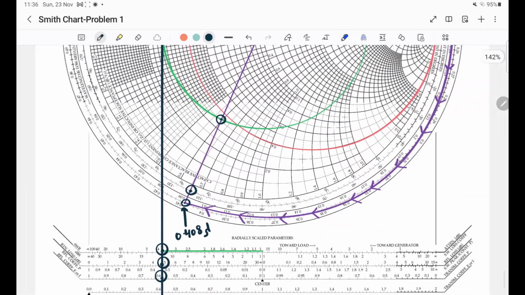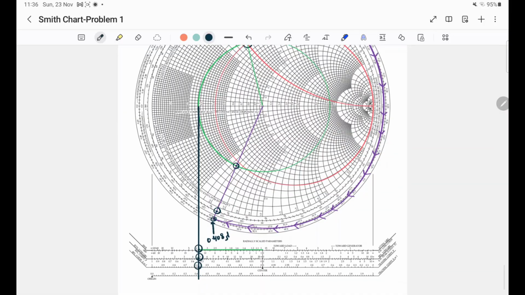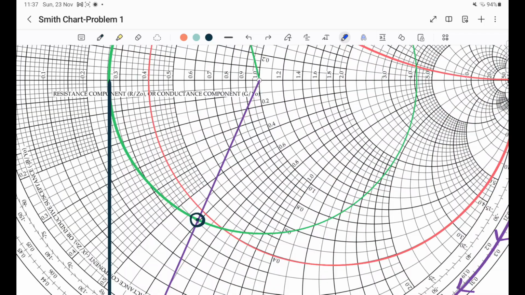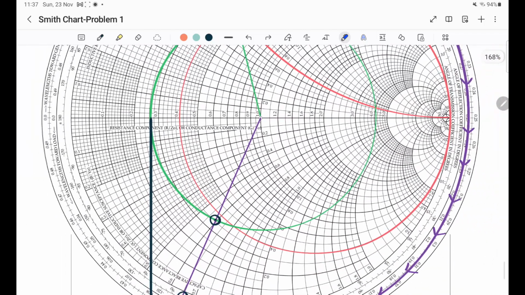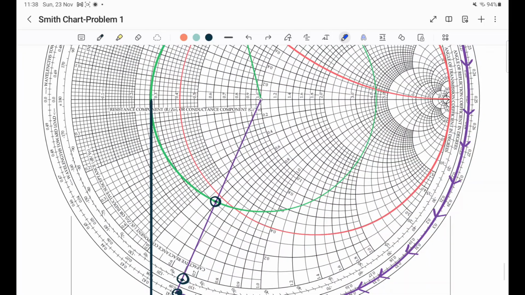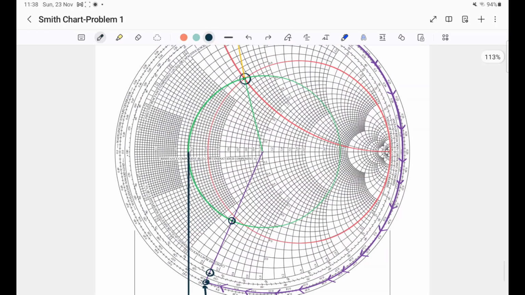From this point, if you draw a straight line which cuts the VSWR circle at some point and meets at the center of the Smith chart, then you can find the value of ZIN. The point at which it cuts the VSWR circle, that value will represent the ZIN value, that is the normalized input impedance. So the value of RIN will be, let me choose a different color.